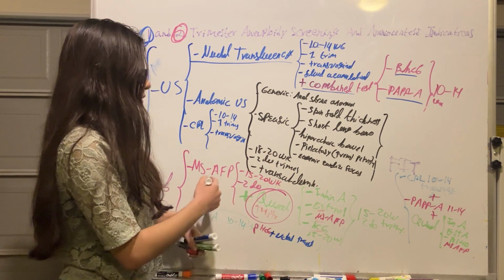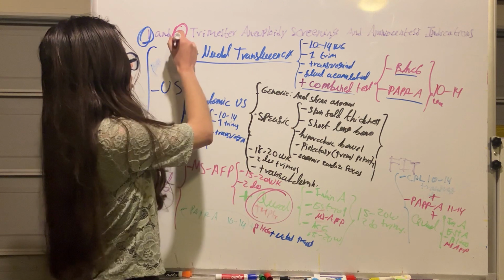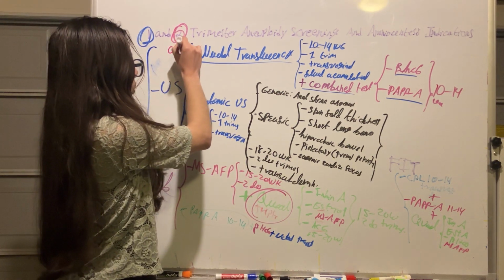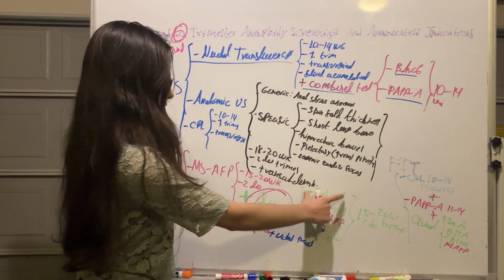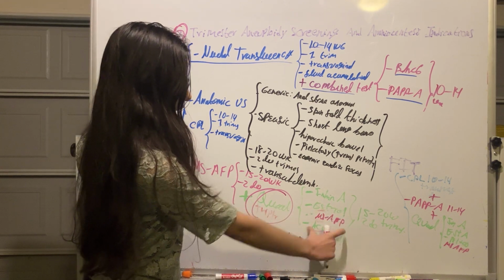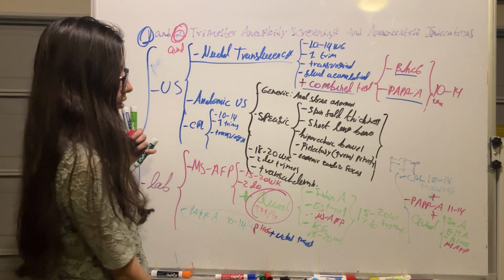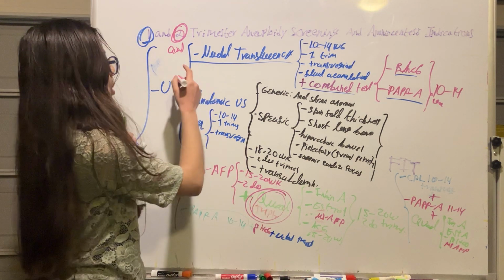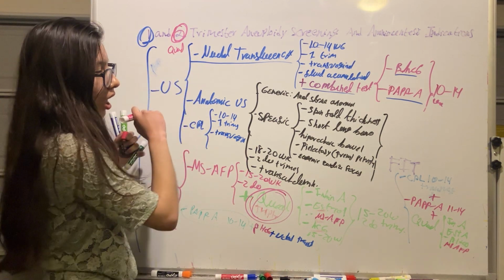So we use the quadruple screen test, which is inhibin A, estriol, maternal serum alpha fetoprotein, and HCG. This is during the second trimester, so quadruple screen.